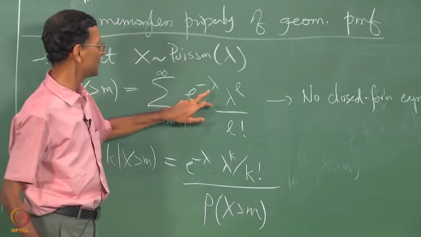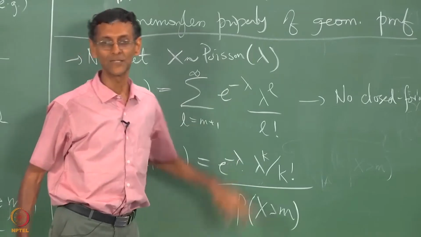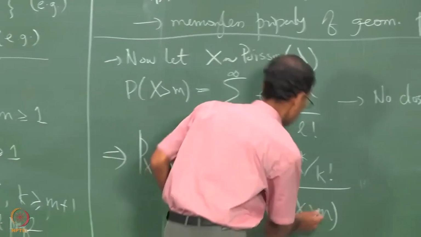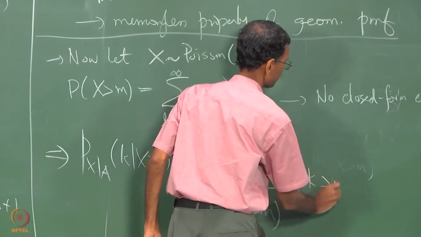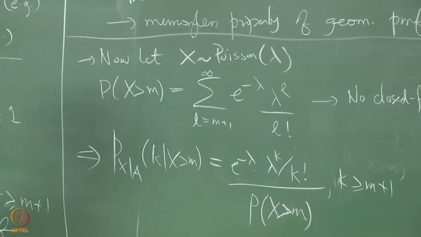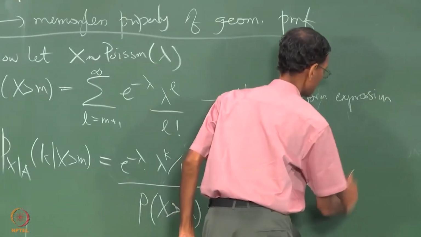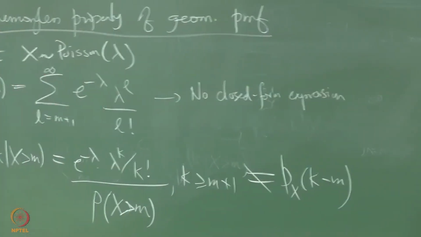So basically, the only simplification that is possible is that e power minus lambda will cancel, that is the normalizing term, otherwise nothing. You will not get any other simplification. Of course you should always put that. So, this is not equal to p_X of k minus m by any stretch of the imagination.